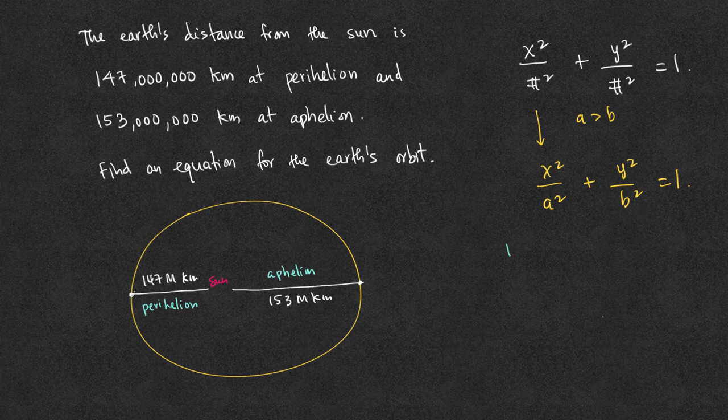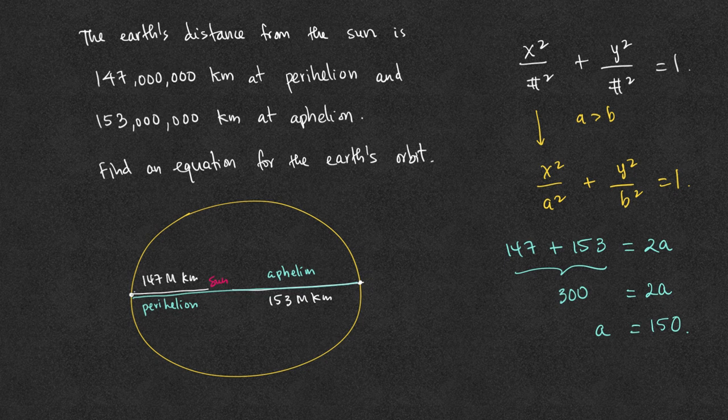If we take 147 million kilometers plus 153 million kilometers, then we would end up with 2a, and this is the distance of the major axis. 147 plus 153 is 300. 300 equals 2a, so a equals 300 divided by 2, which is 150.